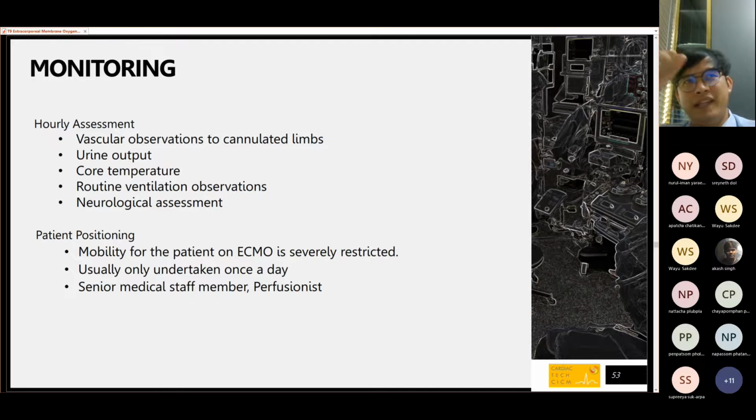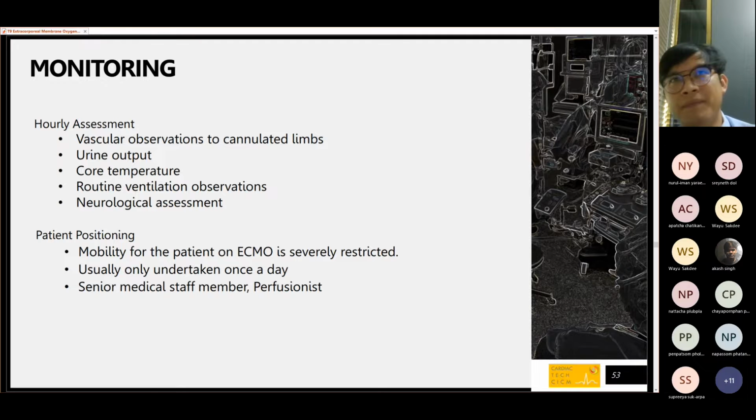If a patient lies on the bed for a long time, it can cause a pressure sore wound on their back. So sometimes we need to reposition the patient, but every position can disturb the ECMO flow.